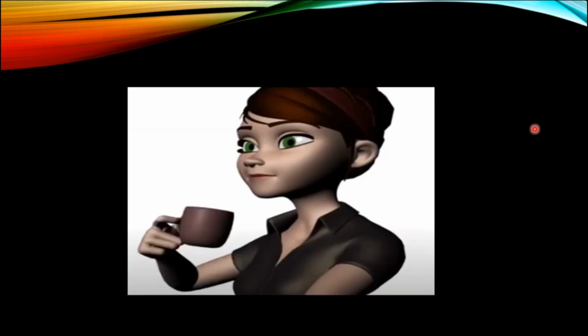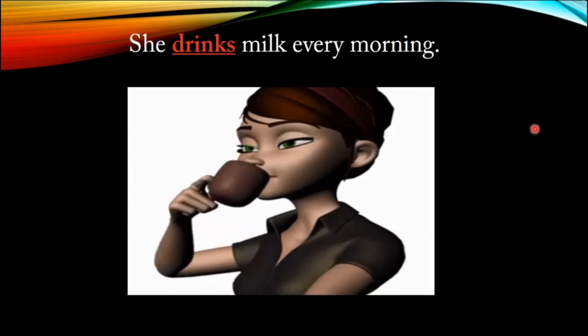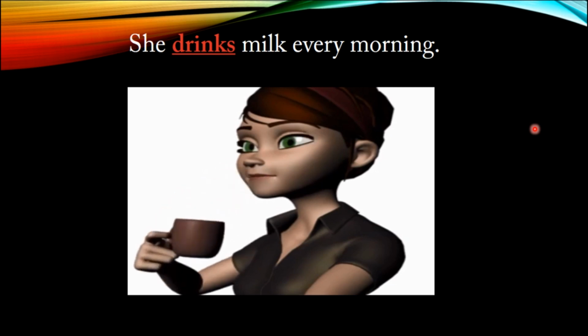So, let us take some examples with beautiful pictures. The first example: She drinks milk every morning. Let us check this example with the structure. Children, once you remember the structure of the simple present tense: Subject plus V1 s/es plus object, full stop.